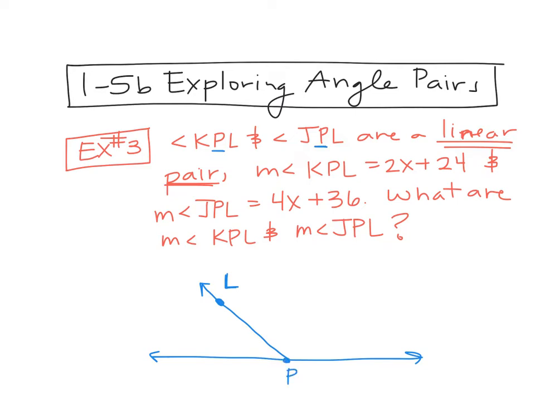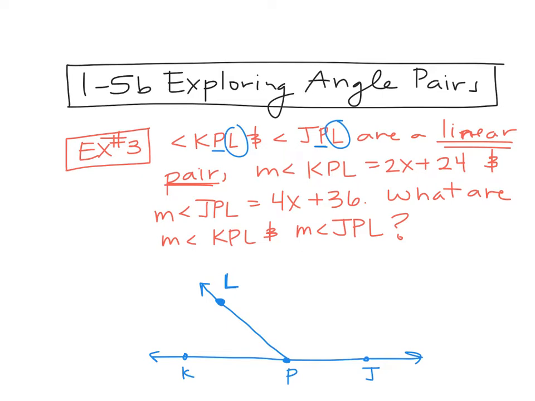And then both of them have an L, which is what's got to be in the middle then, okay? And they'll usually give you the picture. I just want you to get an understanding of how this is coming. So this would be KPL. This would be JPL. And we want to figure out the measure of each of those.